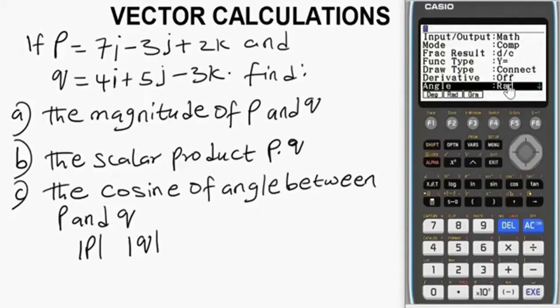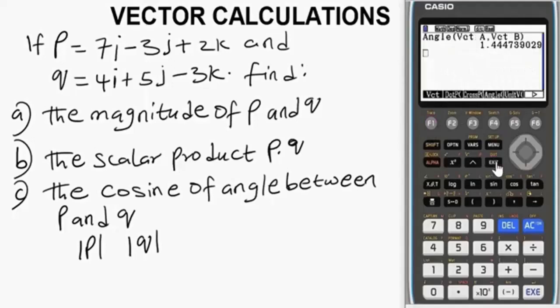When you get here, to change it to degrees, all you have to do is to press F1. It has changed to degrees. Then press exit. Then press equal to again. Now the answer will change to degrees. Okay, as you can see, 82.77 degrees. So this will be the angle between vector P and Q for this question.